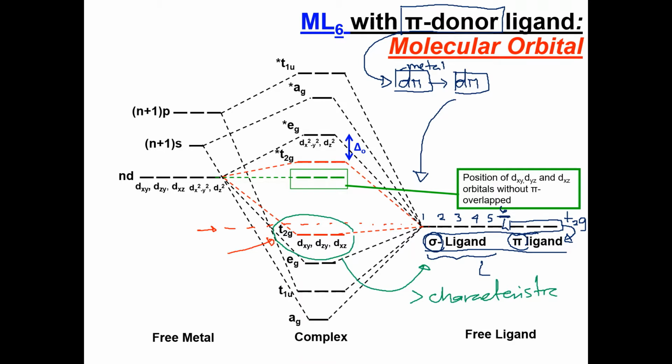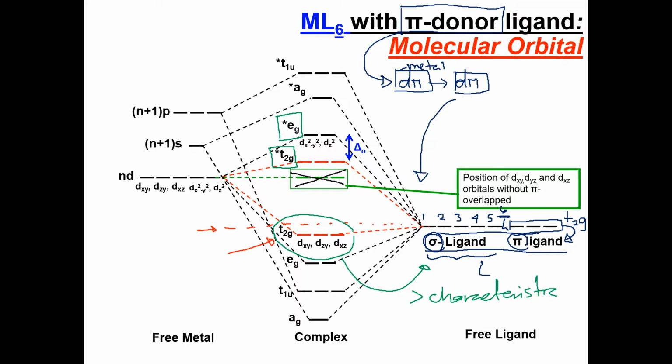Whereas the metal's electrons will fill up in the T2g star and eg star. Because remember, this is a pi overlap, so you won't have any non-bonding T2g here. The T2g is no longer non-bonding; the T2g will have bonding. So the metal's electrons will fit on the T2g star, or T2g anti-bonding, and eg anti-bonding.